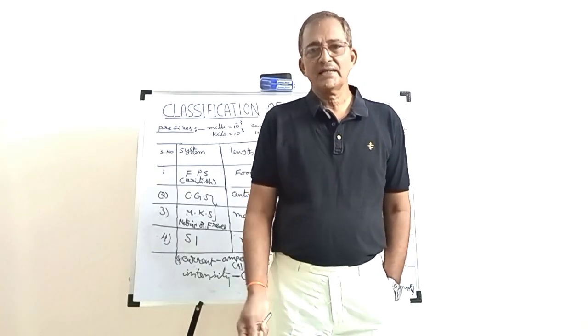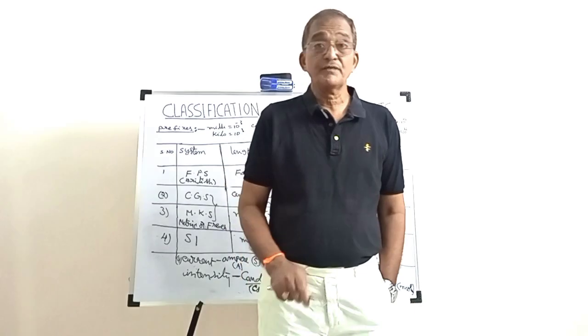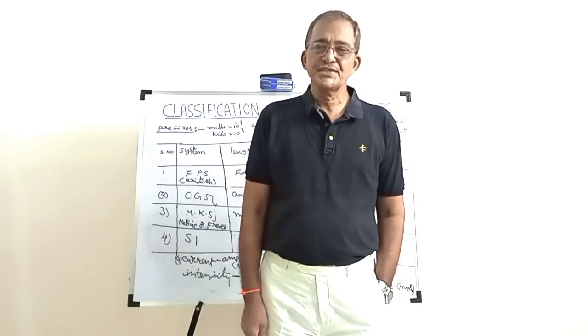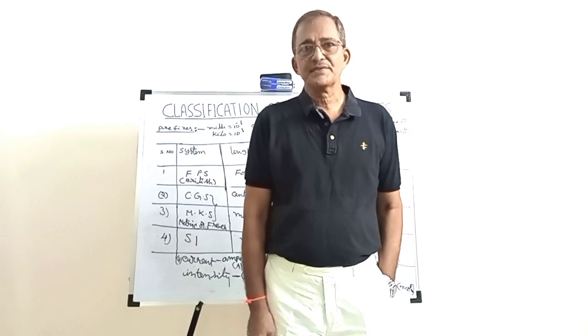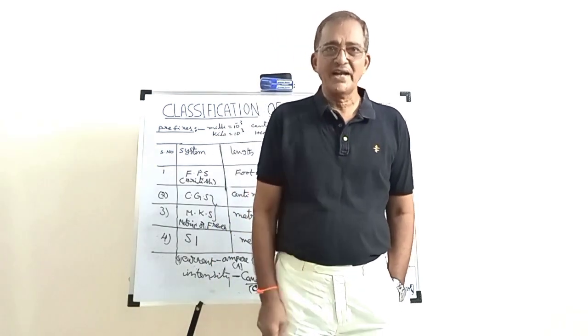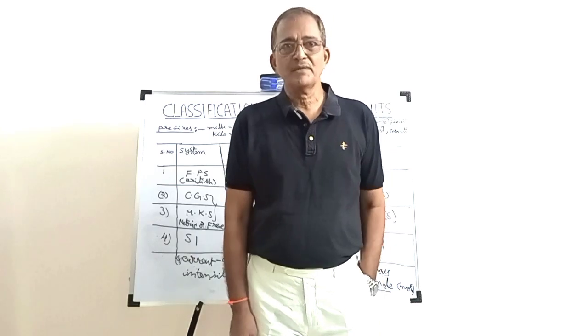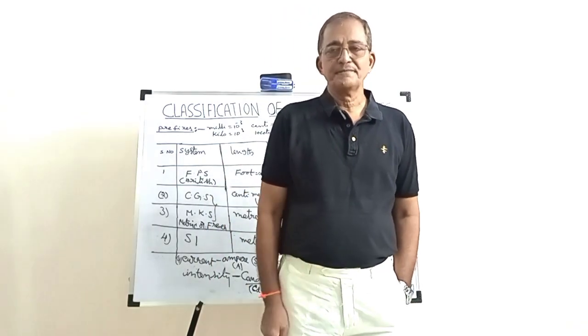And later, the metric system or French system, which consists of 2 systems, namely CGS and MKS. Later, this MKS system is upgraded into SI system, which includes 7 fundamental quantities.